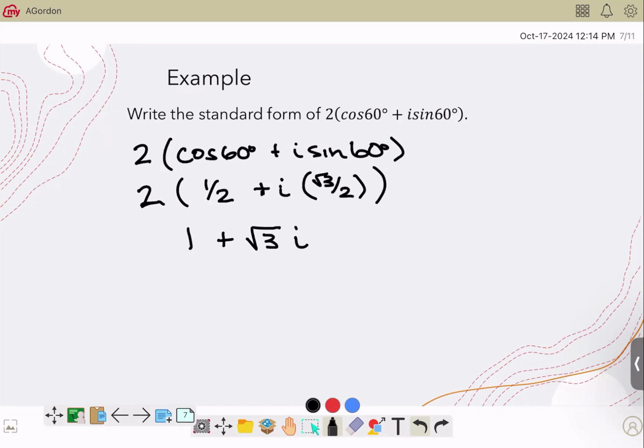And then I'm done. That is the standard form of this complex number. If I plot this, it should show up somewhere in the first quadrant, since 60 degrees is in the first quadrant. And that is what you would get, because you would go positive on the real axis and then positive on the imaginary axis, and that'll put you in the first quadrant.